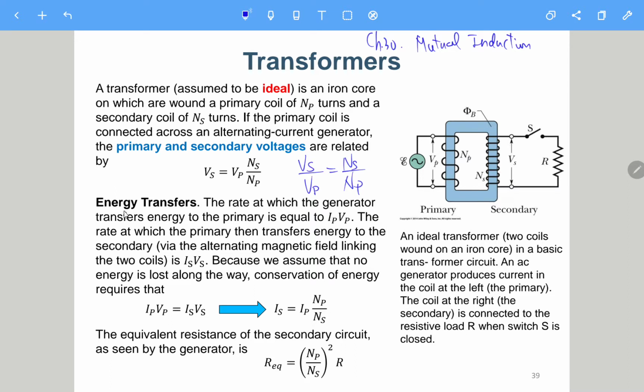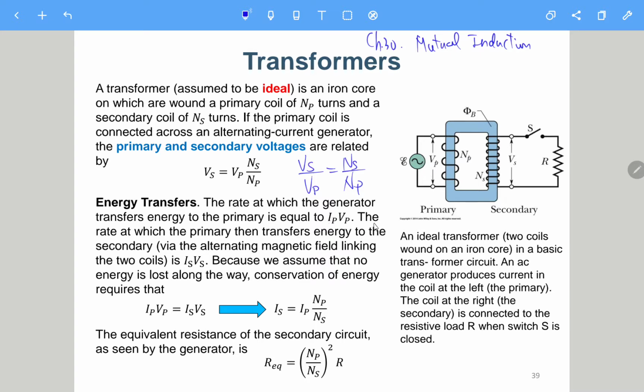Okay, so it says for energy transfer, if the rate at which the generator transfers energy to the primary coil is equal to IpVp, this is the power. We also assume that the load is purely resistive.